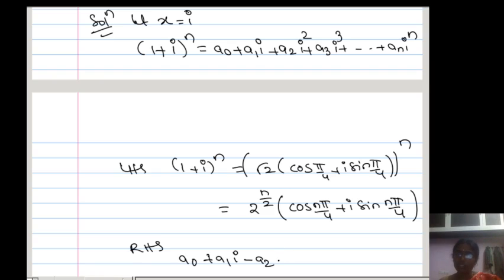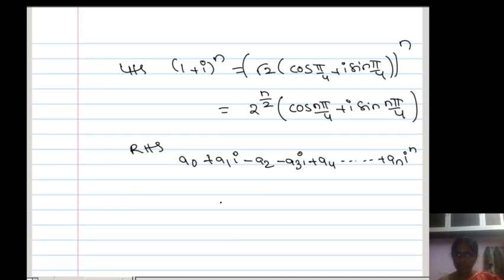What is the i cube value? Minus i, so minus a3 i. Next, i power 4 value is 1, so plus a4, and so on, up to an i power n.